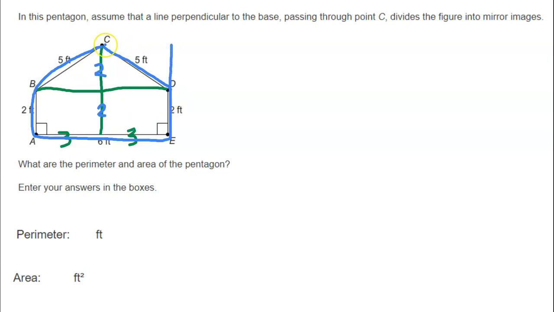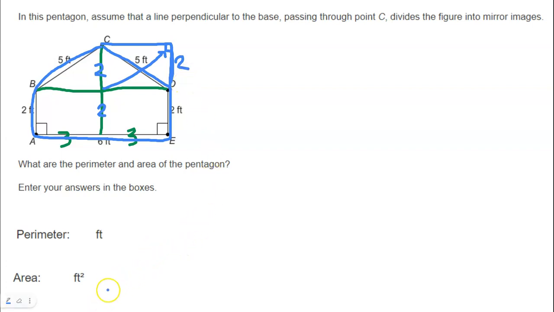And the reason that I know that is because this is the same length right there as this is. So this would be my, there we go. That would be my height right here. And we're going to say that that's 2 feet.